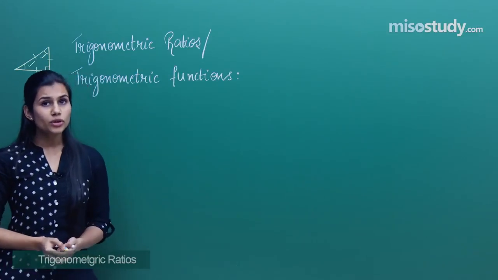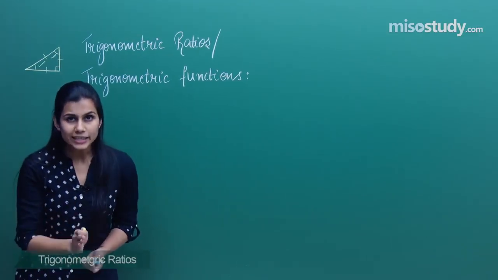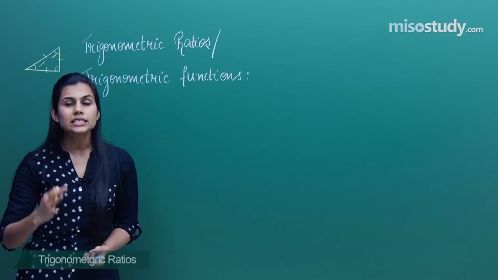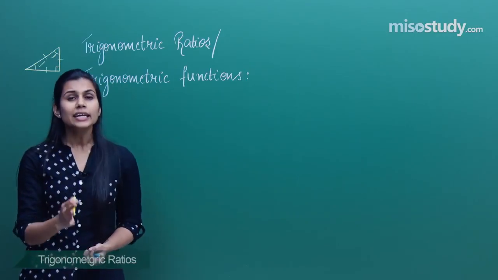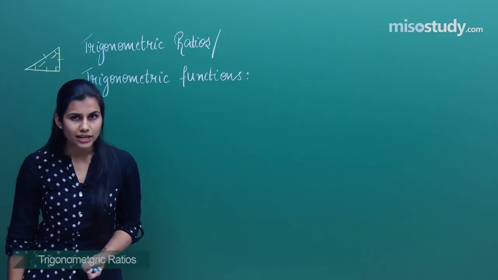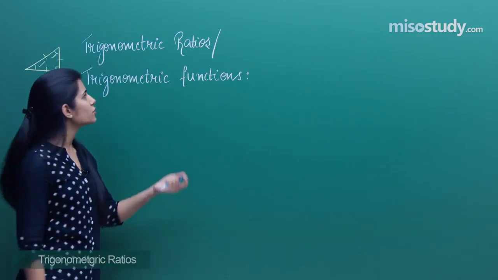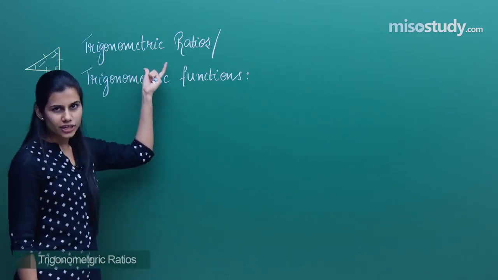What we are going to do is pick up a right triangle and define certain ratios in accordance with the sides of this right triangle, and those ratios will be called trigonometric ratios.